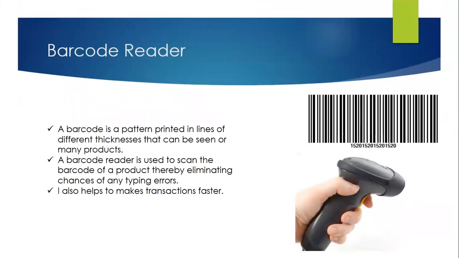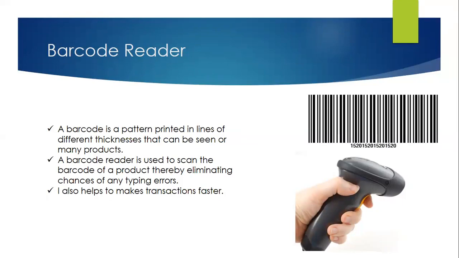Then comes barcode reader. We have already seen barcodes on products when we go to shopping malls. During shopping, when you submit the things which you have purchased to the counter, there's a person who points a barcode reader to the barcode of the product and sees the prices showing up on the computer screen.